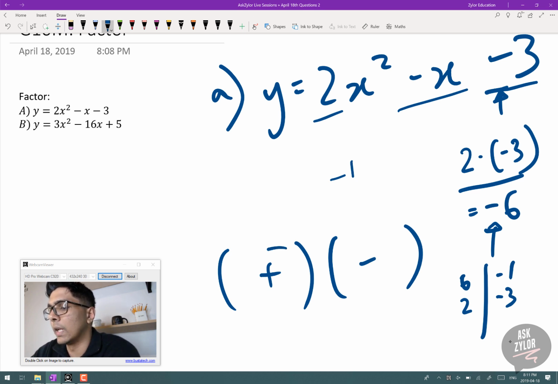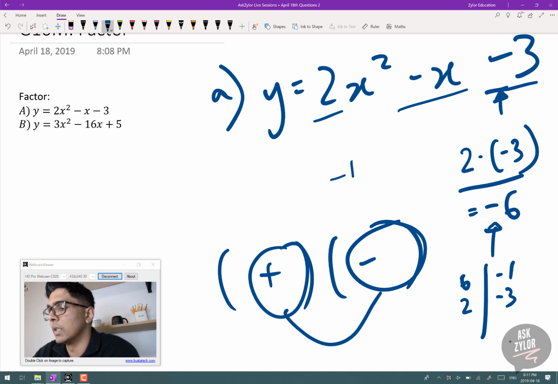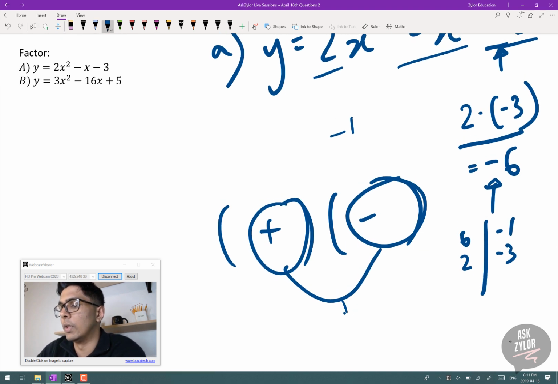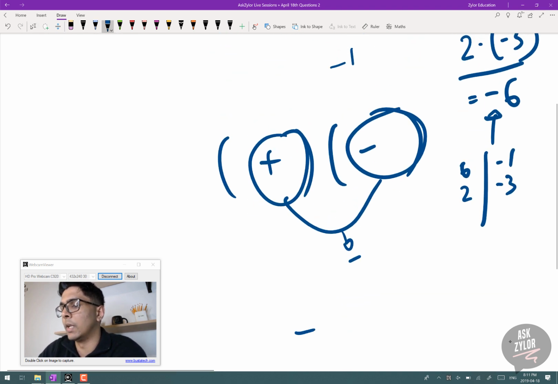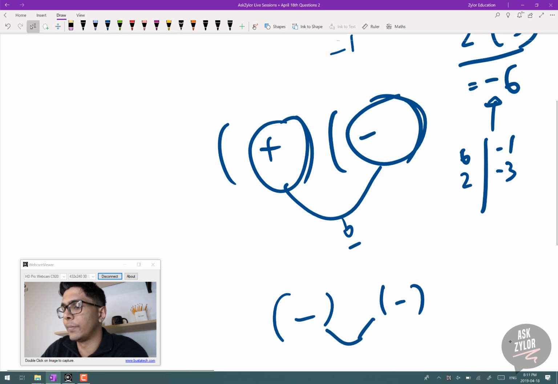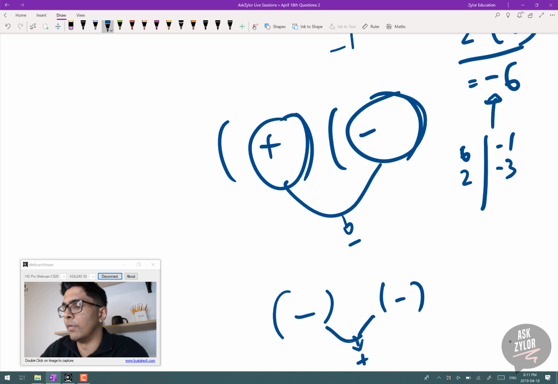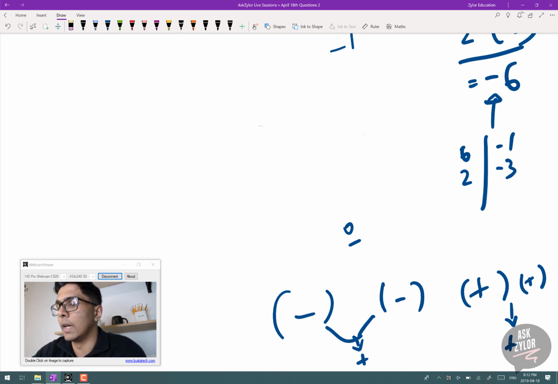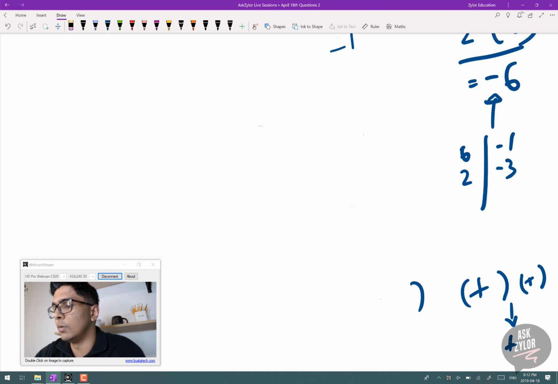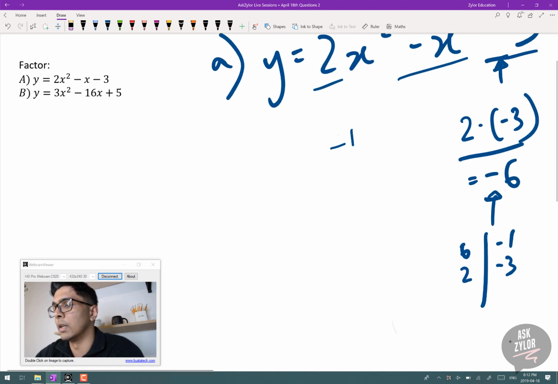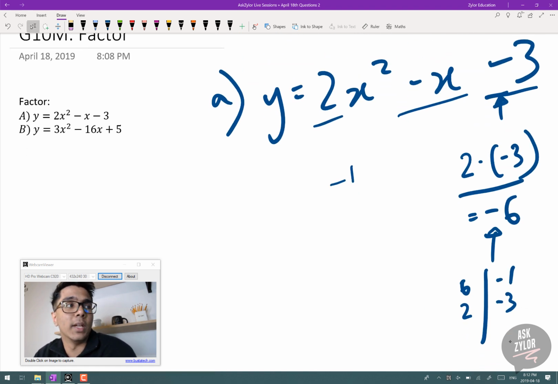That's the only way I can get a negative constant, because if I multiply a plus and minus, I end up with a negative. If I multiply a negative and a negative, I end up with a plus. Or if I multiply a plus and a plus, I end up with a plus as well. Right? So the only way I can get a negative constant is if my two signs in my factors are opposite. So one has to be a positive, one has to be a negative.